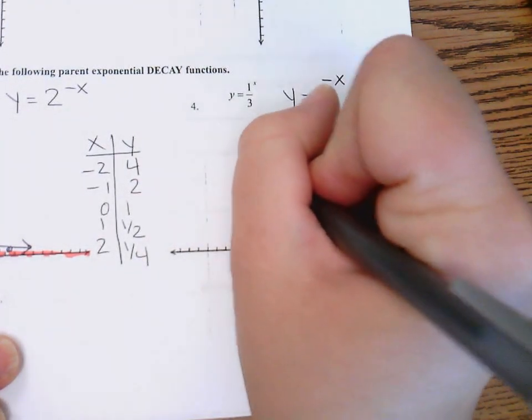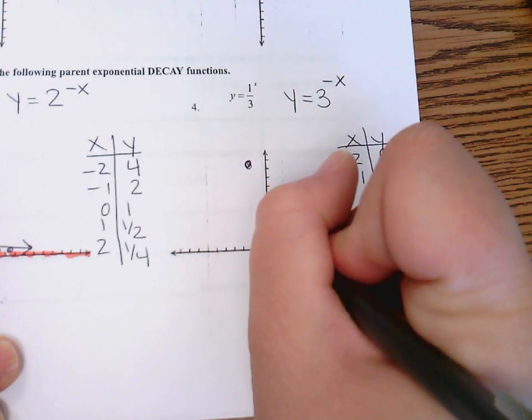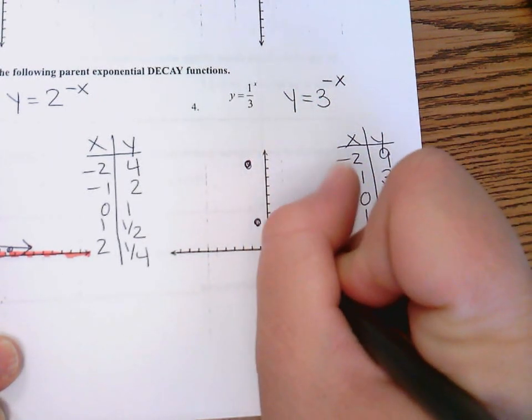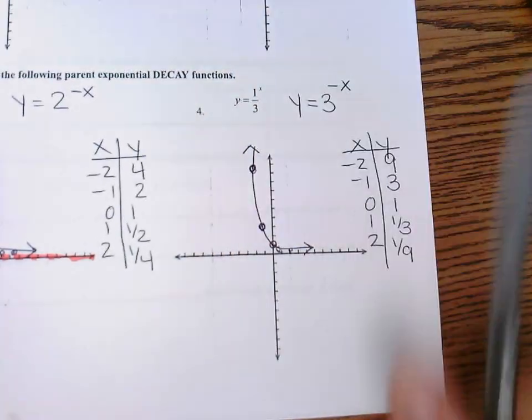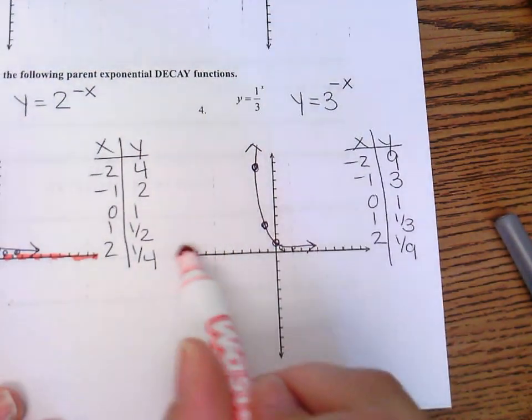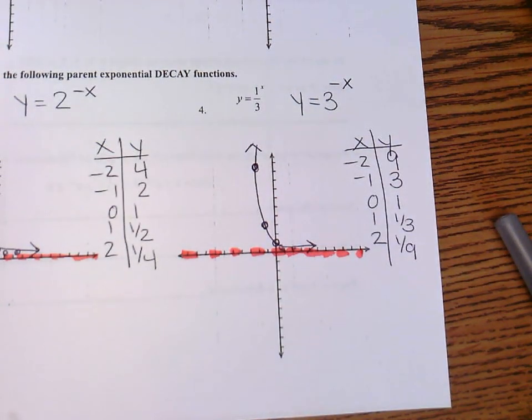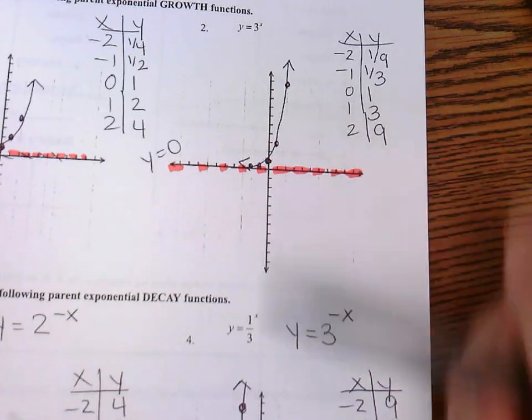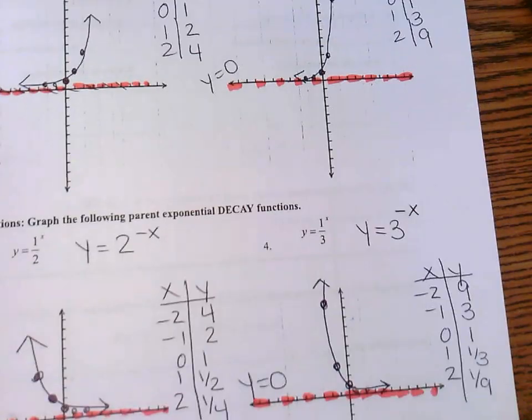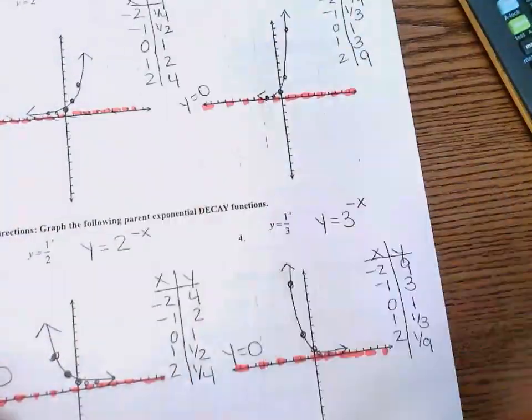So -2, 9, 3, 1, 1/3, 1/9. Dotted line at y equals 0. So the steepness for these two is the same, and these are a little bit less steep. So we're going to analyze kind of what all these graphs have in common now on the back page.